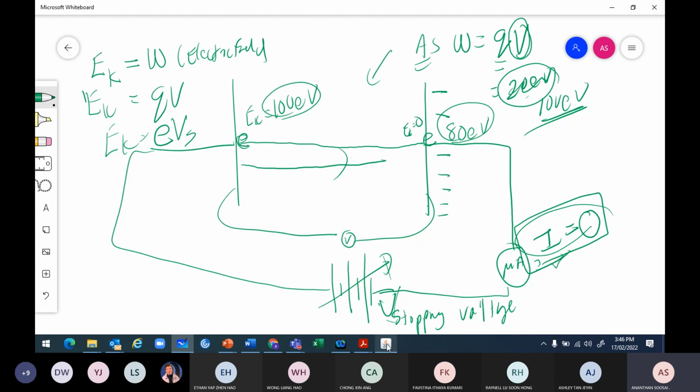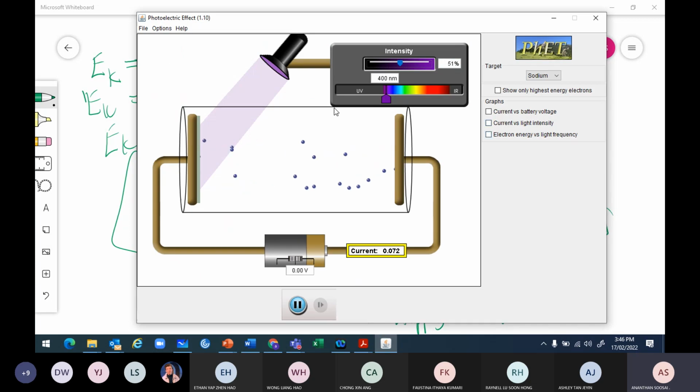For the animation, I show you how Millikan got the stopping voltage. You see the voltage down here, the battery. I reverse the voltage. Now it is 0.6 and the electrons move faster. I want to slow them down, so I put a negative voltage.